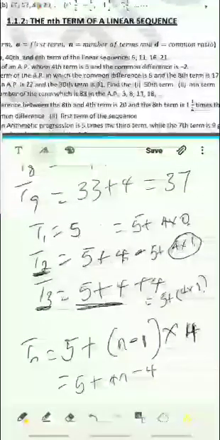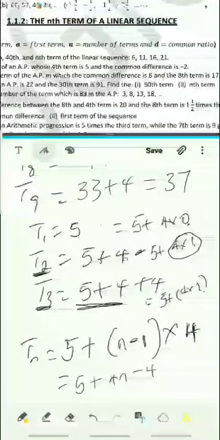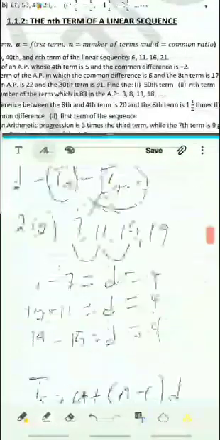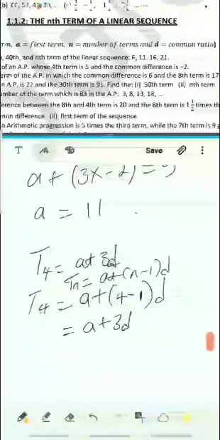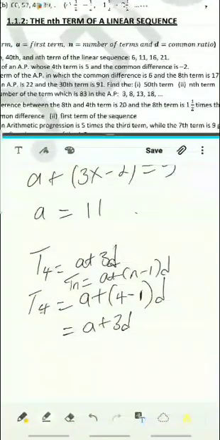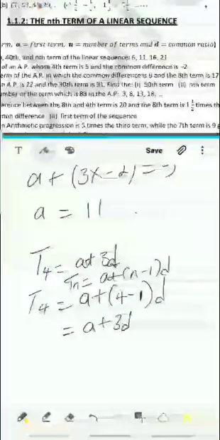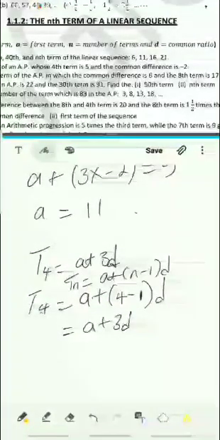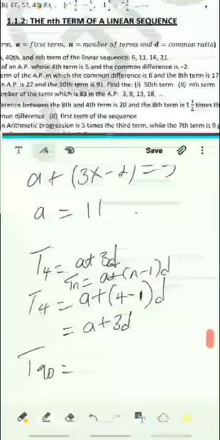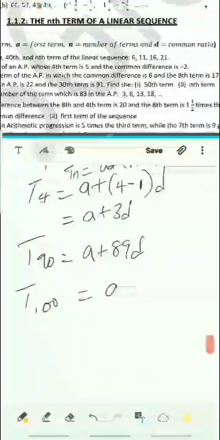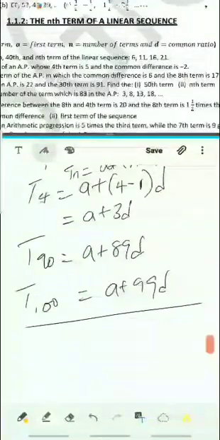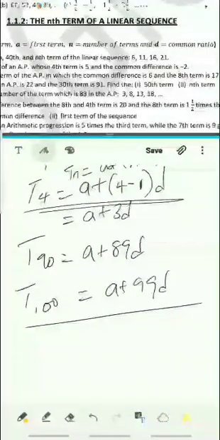So when we have T4, our formula will just be A plus 3D. If it was T90, that would be A plus 89D. If we had T100, that would be A plus 99D. A simple way of writing the formula instead of writing all this long form. I just wanted to explain that.